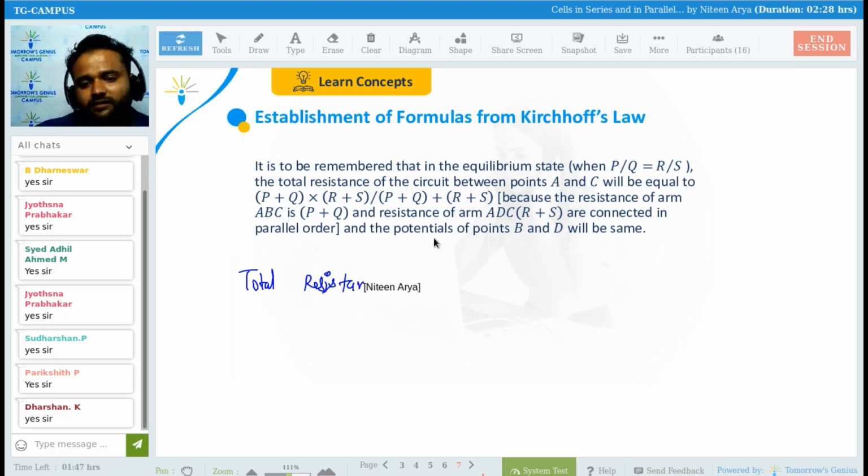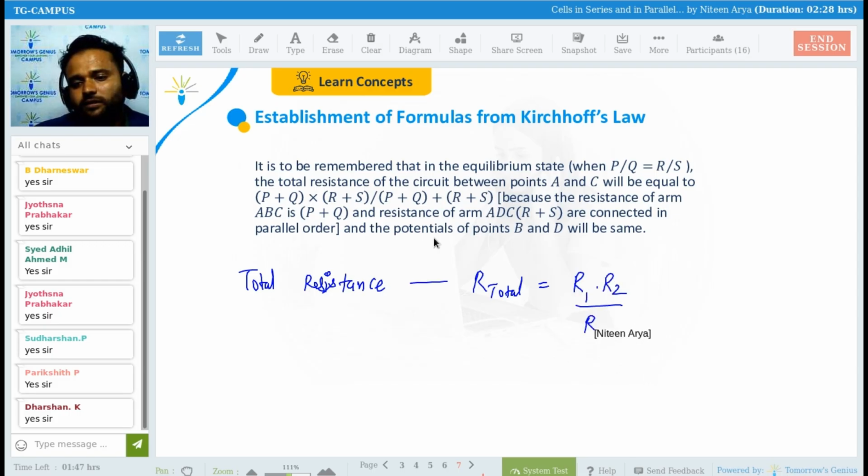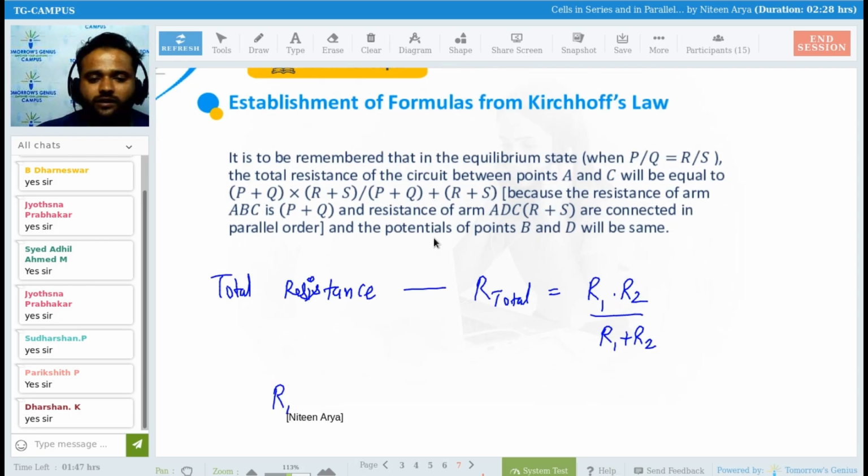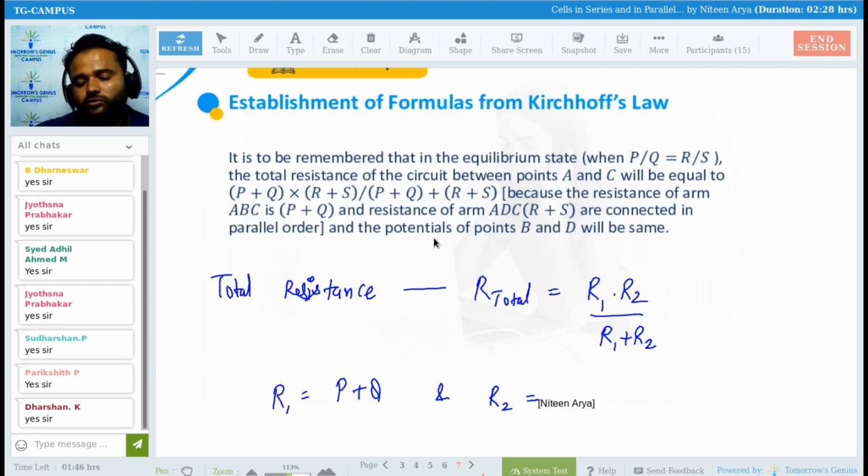I'm just going to write directly: R total is R1 into R2 divided by R1 plus R2, where R1 is P plus Q, and R2 equals R plus S.